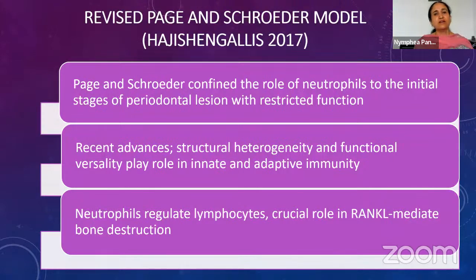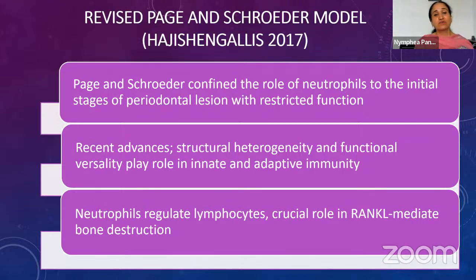So that concept is there, and the neutrophils are apoptosed and go out of the site, but nothing like that actually happens. Looking more keenly and observantly with new techniques, confocal microscopy and all that, we are able to see that neutrophils don't go anywhere.